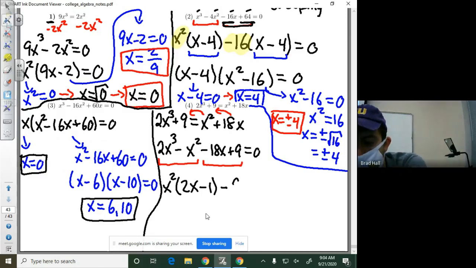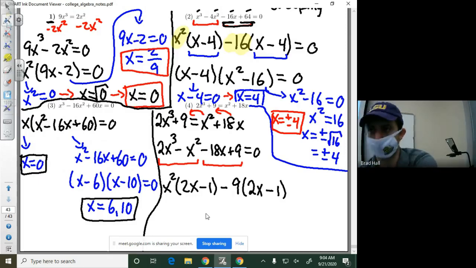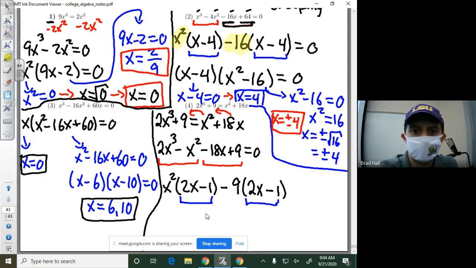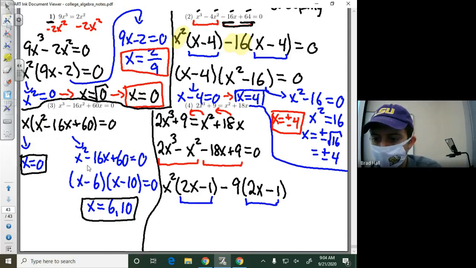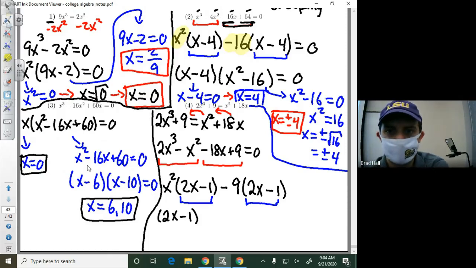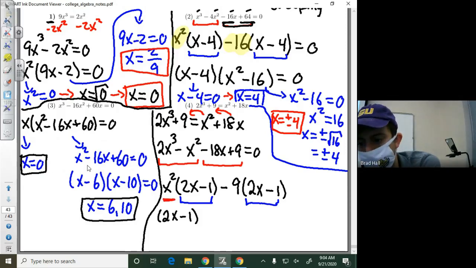The reason why I factor out a negative 9 is so I can get a positive 2x here and a minus 1 here, so that these 2 intentionally match. So the recurring expression is 2x minus 1. And what is left over? x squared minus 9.